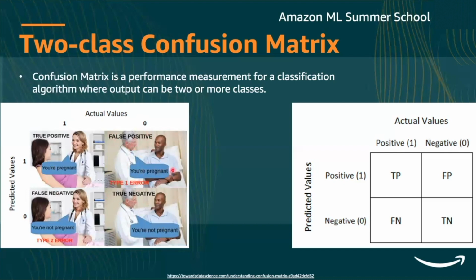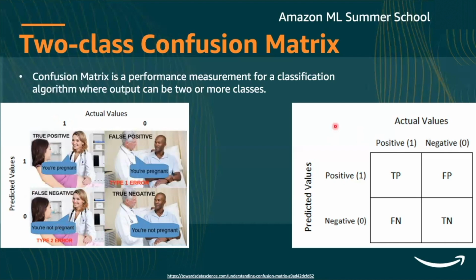This is typically not possible, and hence this is a false positive, because the model, which is the gynecologist, is saying the male is pregnant, which is a positive case, and it is wrong. Similarly, you have the false negative case, right? A woman goes to a gynecologist, she is actually pregnant, the true value is 1, however the gynecologist says you are not pregnant, so this is a false negative case.